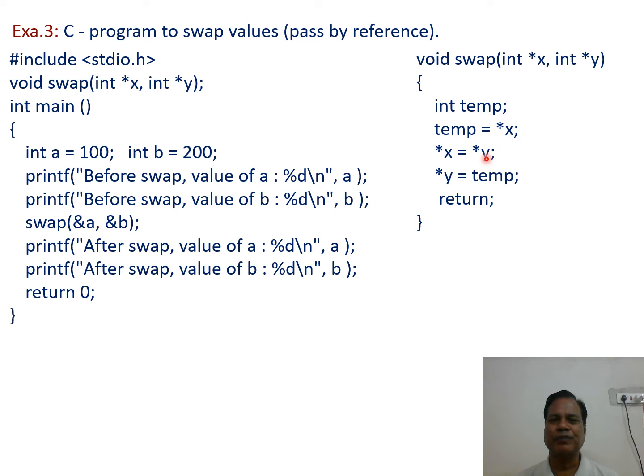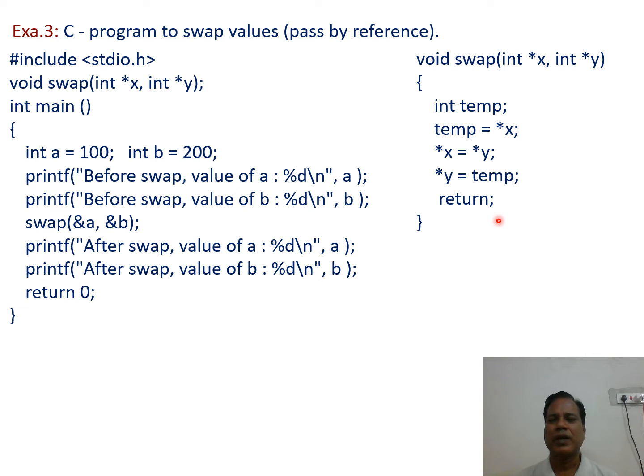Means first this 200 is stored in the memory location whose address is held by x. The next statement is *y = temp. The value of temp is stored in the memory location whose address is held by y. So in this way, the two values in different memory locations get swapped.